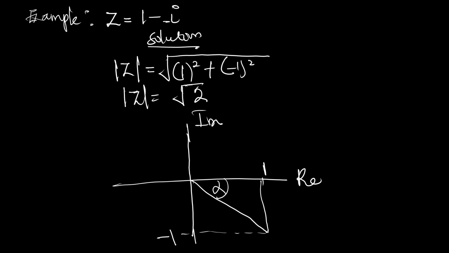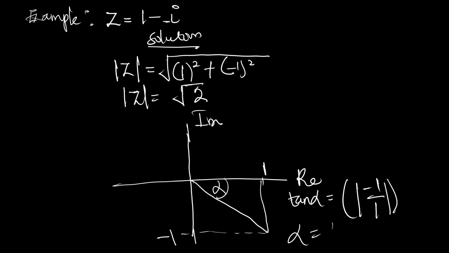Alright. Now let's find alpha. So tan alpha is going to be the absolute value of the opposite, which is negative 1, over the adjacent, which is 1. So alpha is going to be tan inverse of positive 1, which equals 45 degrees, right? Okay. But here we want the principal value of the argument.